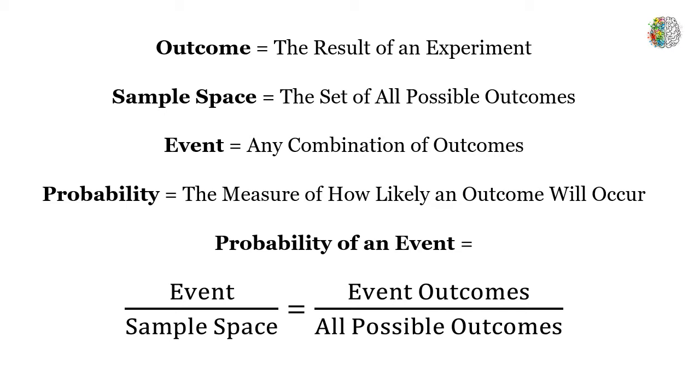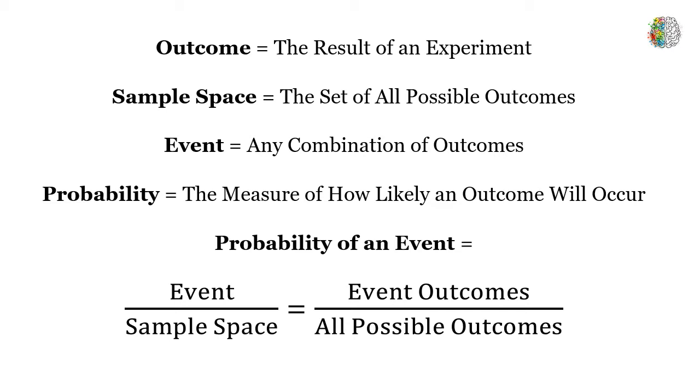Then at the other end is 100%, or when you do your fraction, it's going to be 1.00. So that means we have 100% chance that that probability is going to happen, or that outcome is going to occur. Most of your probabilities are going to be somewhere between 0 and 100%.